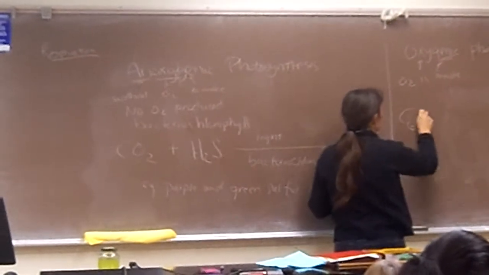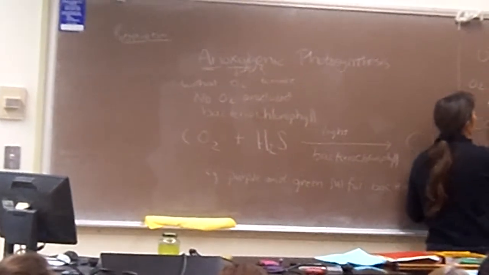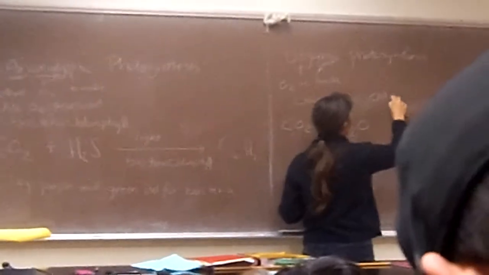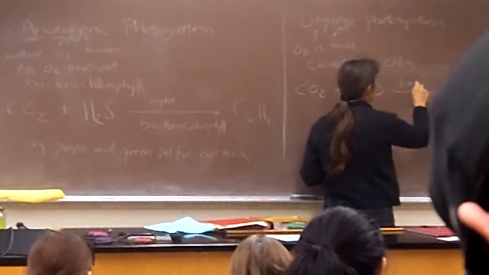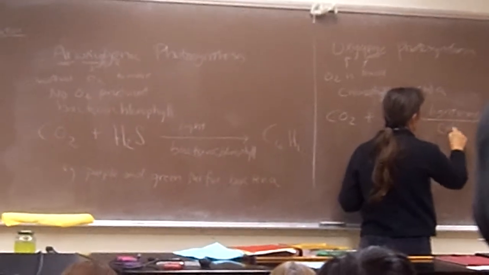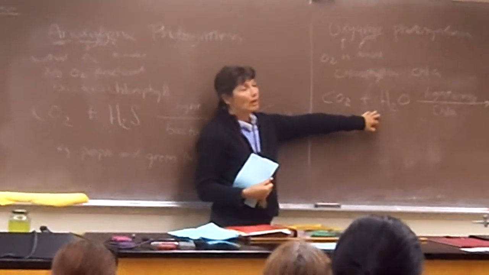And the reason is, again, we start out with our inorganic carbon dioxide. But now with oxygenic photosynthesis, our photosynthetic pigment is more advanced. It's chlorophyll A, and we use CHLA as our abbreviation. So in the presence of light, our energy source, and chlorophyll A, now the cells can rip off electrons from water.